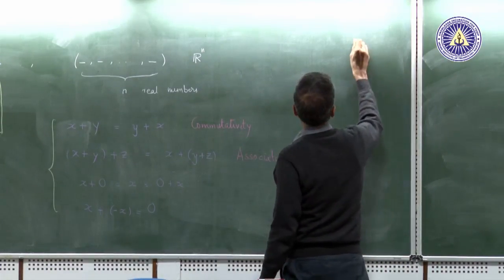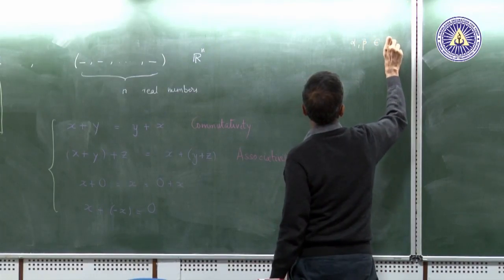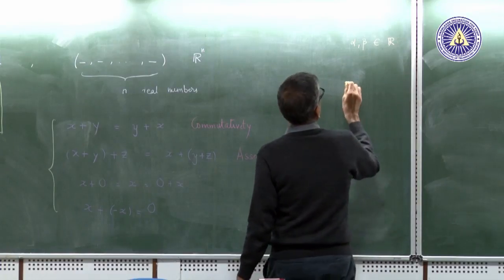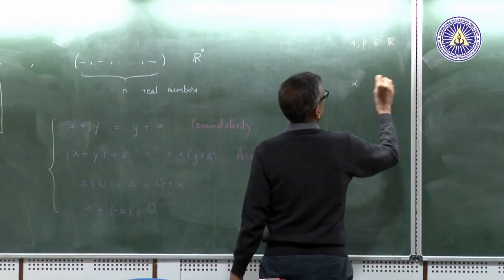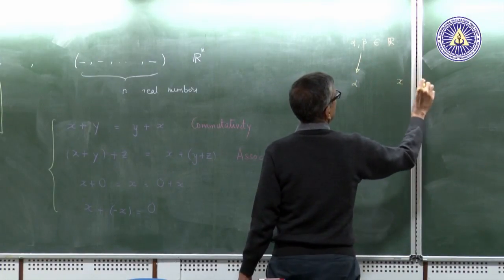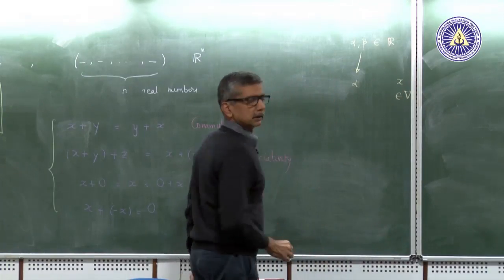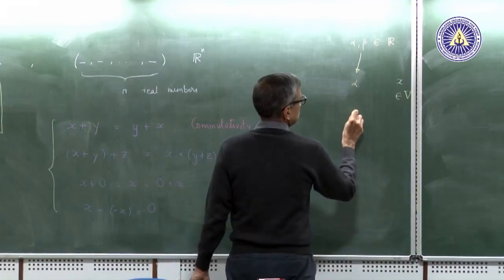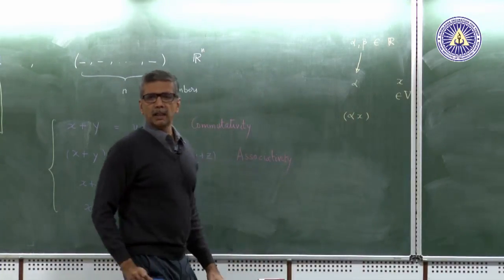If I call alpha, beta elements of the field, the real numbers, I can associate with alpha from the real numbers and x being any vector in the vector space, a unique element of the vector space called alpha x.